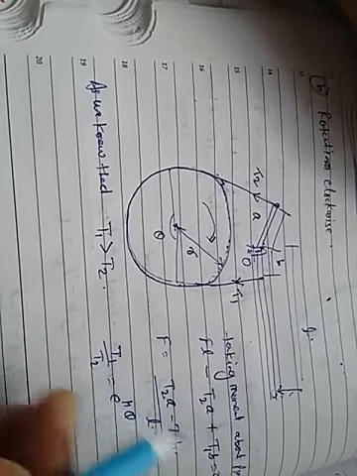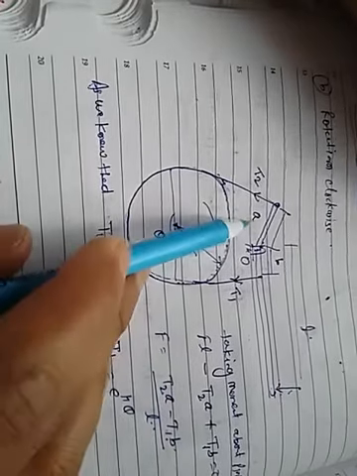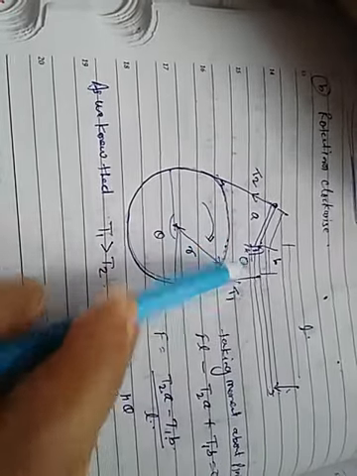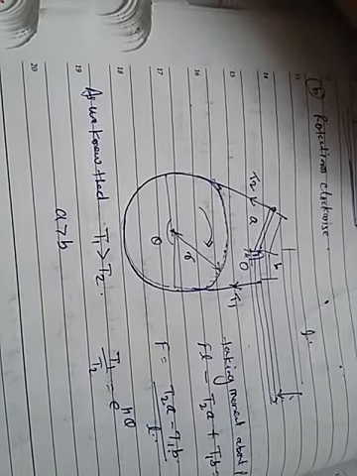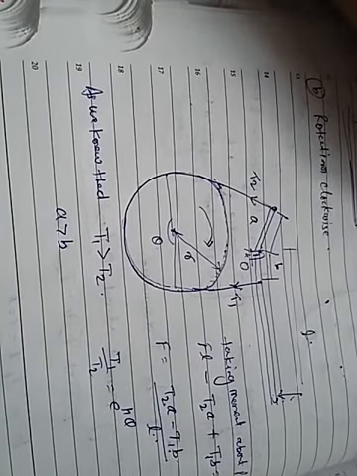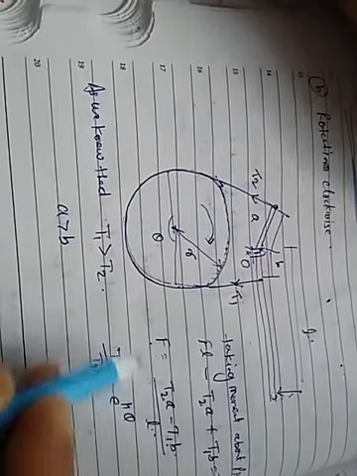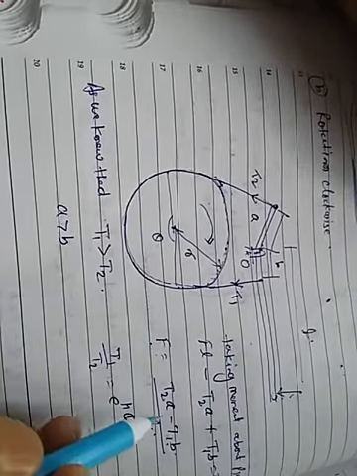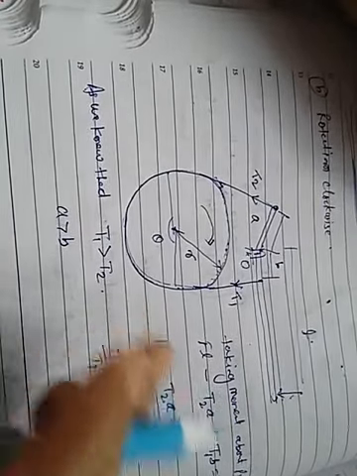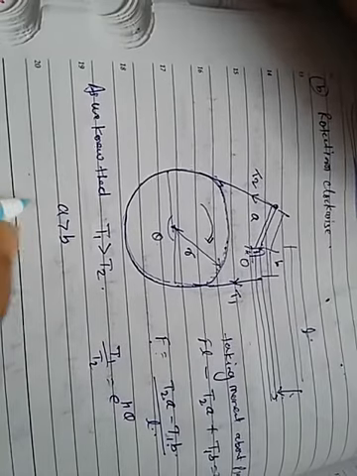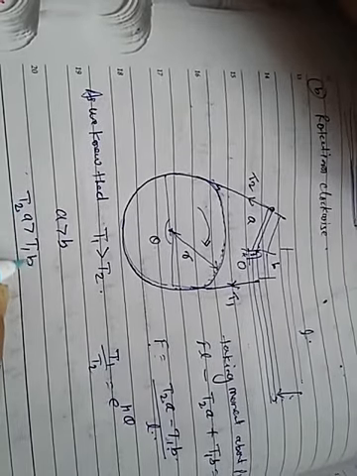So how can we substitute it as positive? In this case A is always greater than B. So the value of F should be greater and positive, therefore T2 A should be greater than T1 B. Because F is positive, T2 A is greater than T1 B.